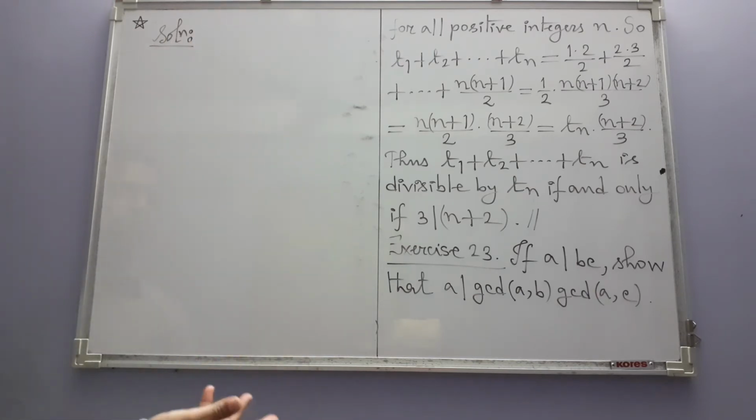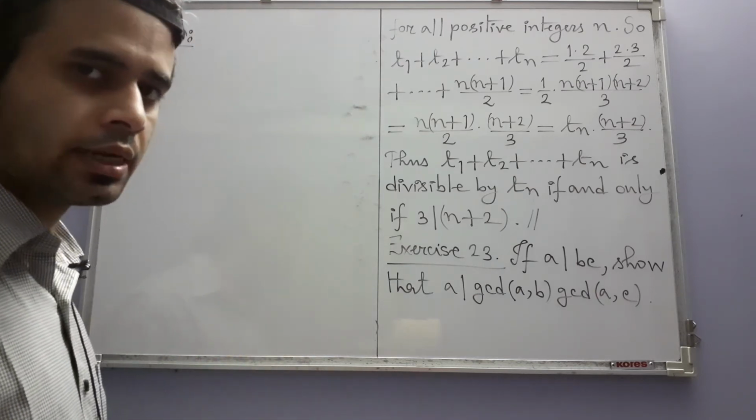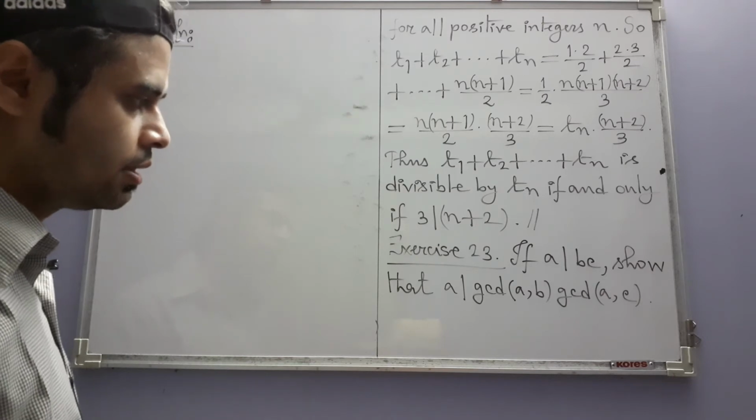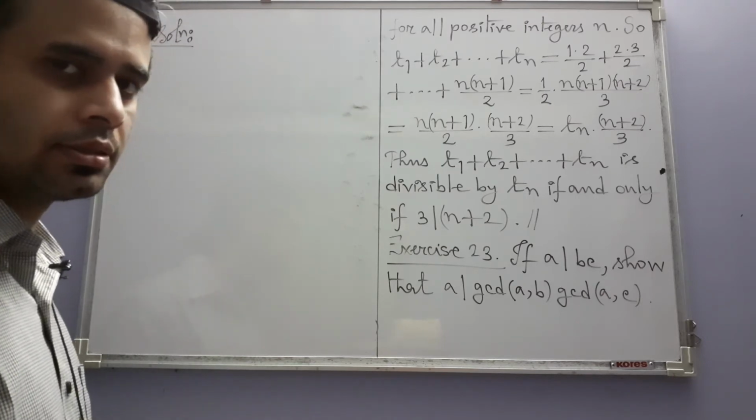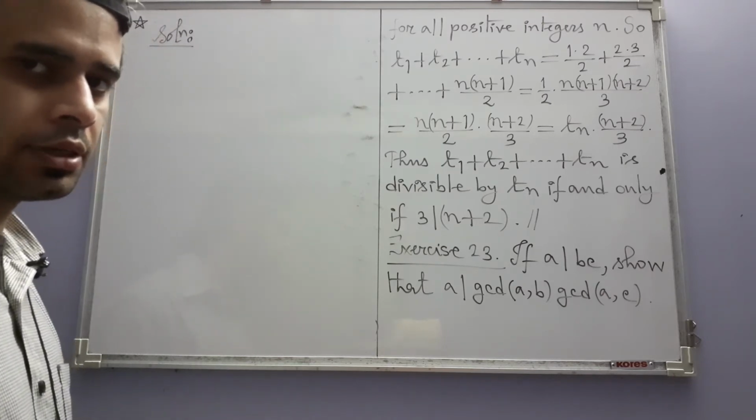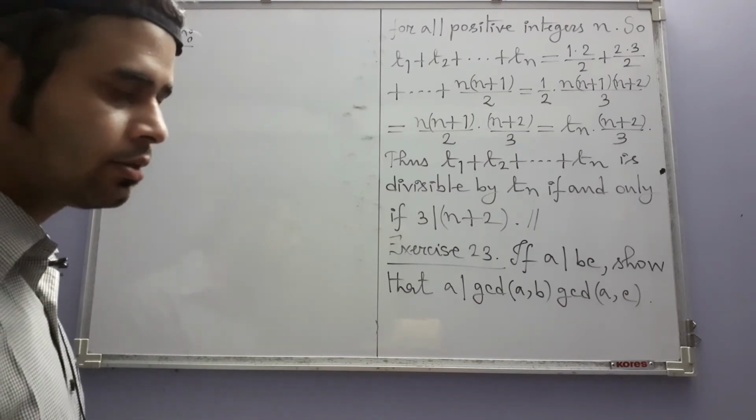We use the property of GCDs that we know, that the GCD of A and B, for example, is a linear combination of A and B with integer coefficients.